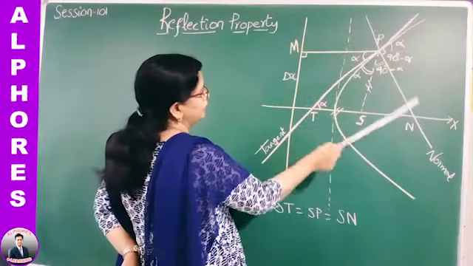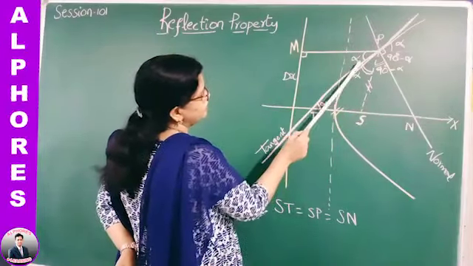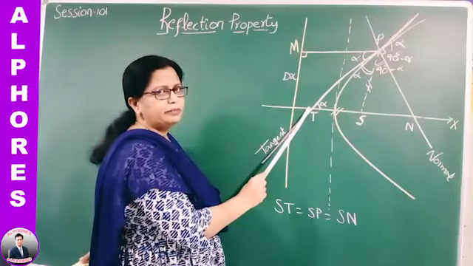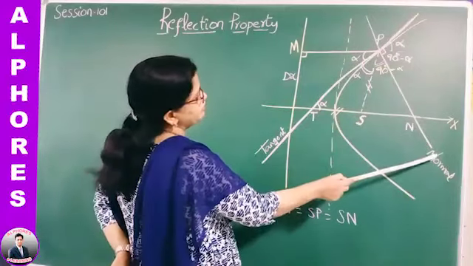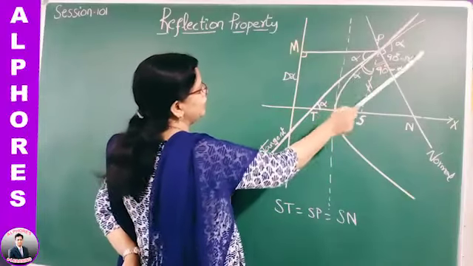Then what will happen to the normal? You observe here, this is 90 degrees, this is alpha, so this one is also alpha because this is a horizontal line. And if this is alpha, this is 90 minus alpha because the normal is perpendicular to the tangent. Therefore, as the tangent is the internal angular bisector, the normal becomes the external angular bisector of the same lines SP and PM.